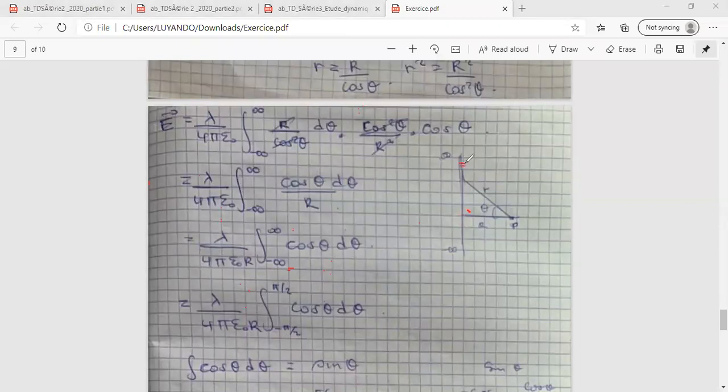If I choose a segment here, my r is going to vary. My r is going to be in this direction to the point, so my theta is going to increase. And if I choose a point here on the field, for instance, my r is going to change, moving from there to there.